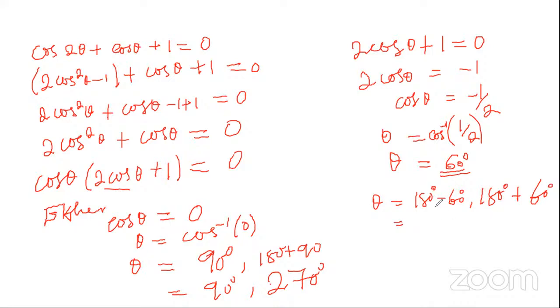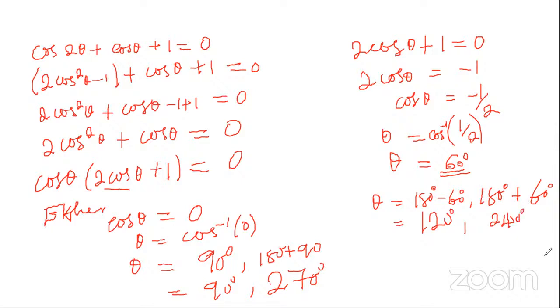Theta is equal to 60. 180 minus 60, theta would be 120. And 180 plus 60 is 240.